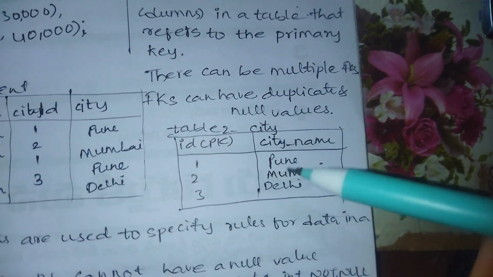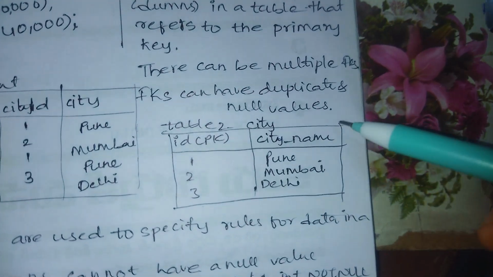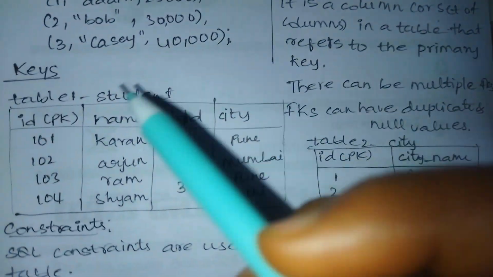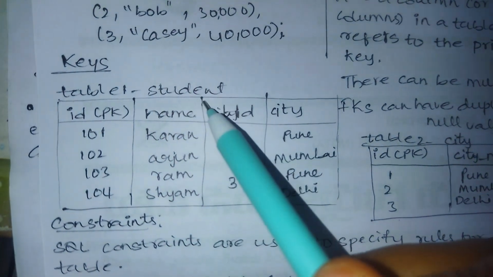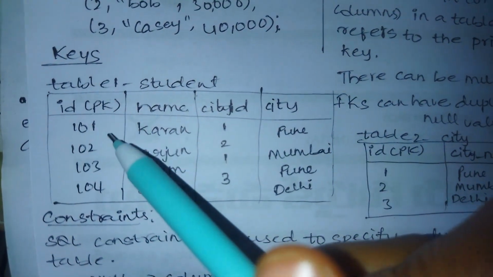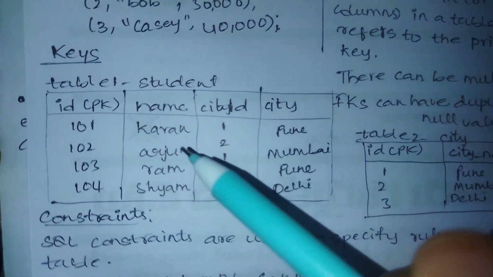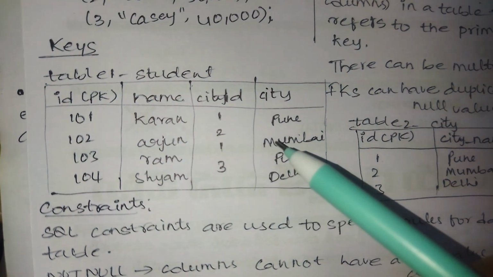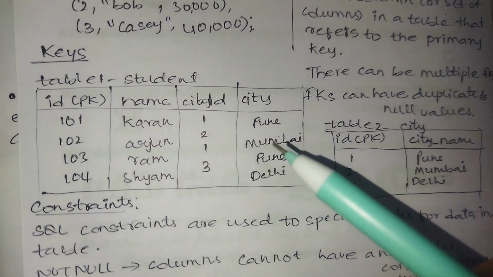These are cities. You can write any values, like your friends' names, any example. Key is table 1 student. Primary key is a single unique representation and these are foreign keys.